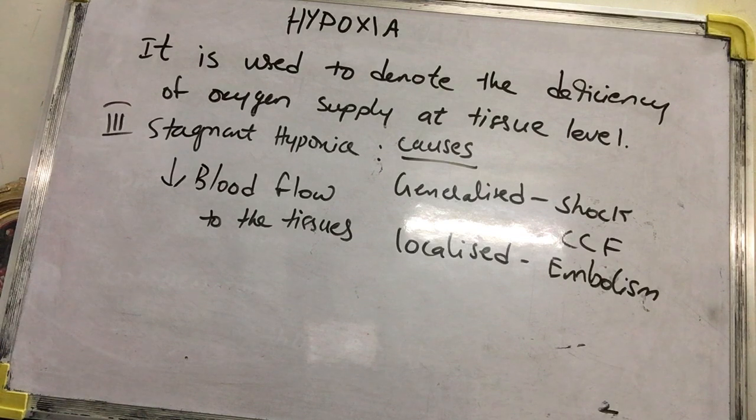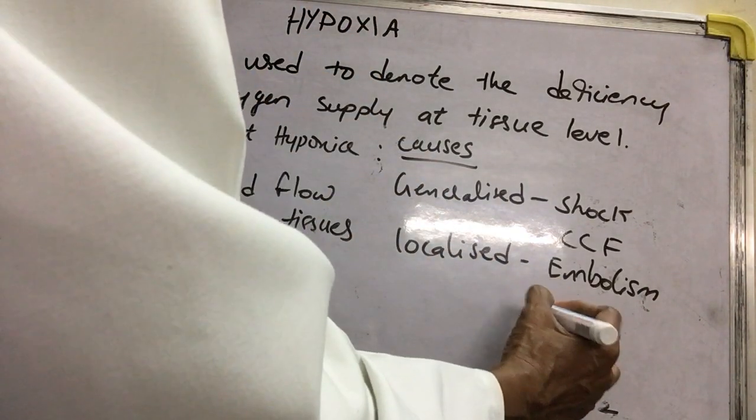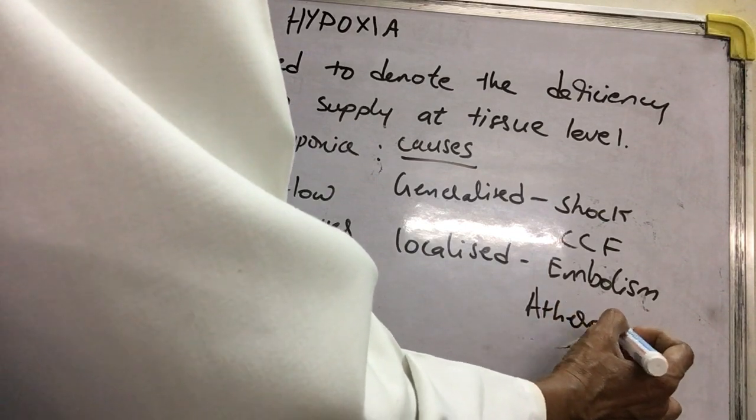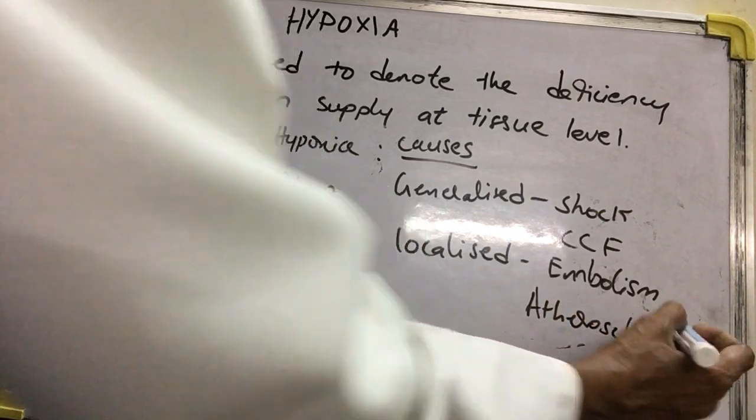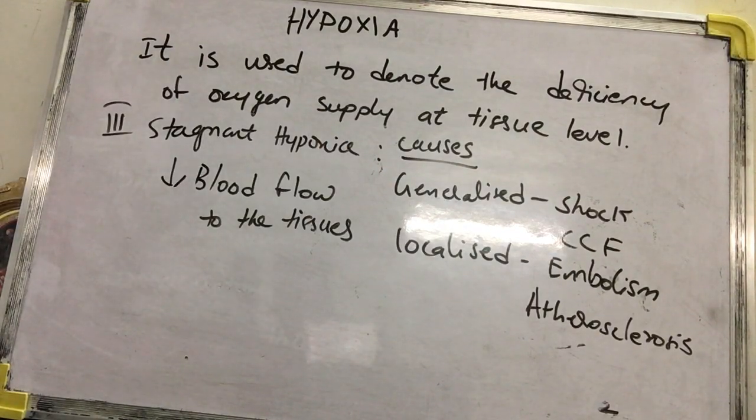That means if any blood clot is obstructing any blood vessel, then the tissue which is being supplied by that particular blood vessel will not get any blood supply. Or atherosclerosis, that means thickening of the arteries. If the arteries are thickened, they cannot contract and relax so that there is adequate blood flow to the tissues. Because of this thickness of the wall of the blood vessel, the blood flow to the tissues is reduced.